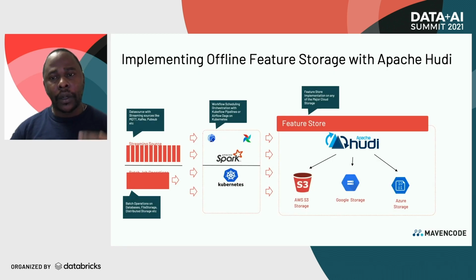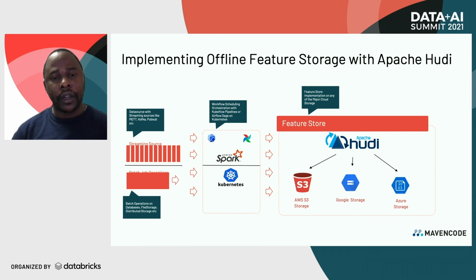So we're going to draw a lot more on the offline feature store, which is where we do a lot of ML training. Let's say we have a streaming and batch data source coming in. We use a Kubeflow pipeline to orchestrate the inflow of data.